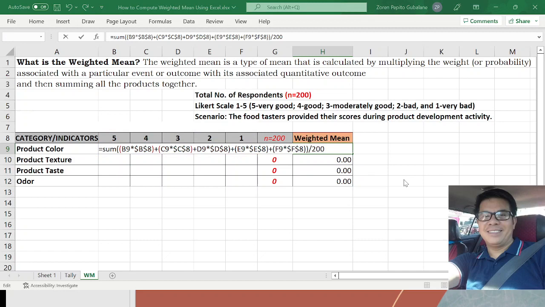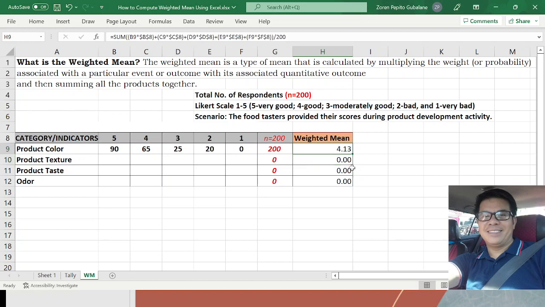Oh, it seems there's a problem in the formula. Let's take a look. Okay, I can see it now. We lacked one open and close parentheses over that area. So here we go, and it works.